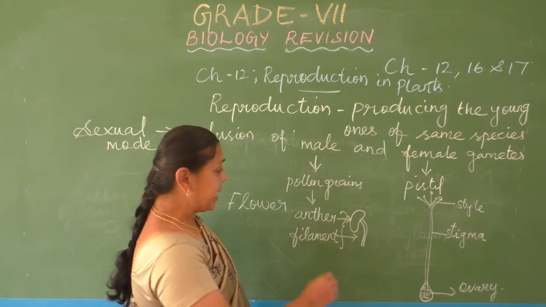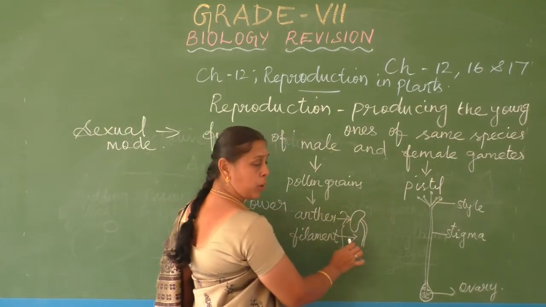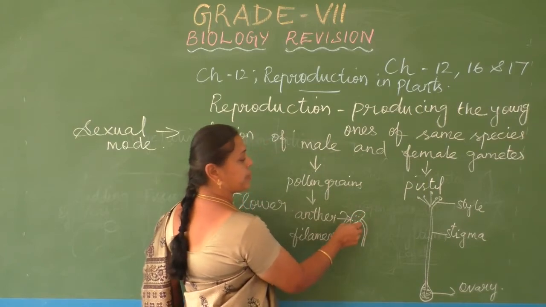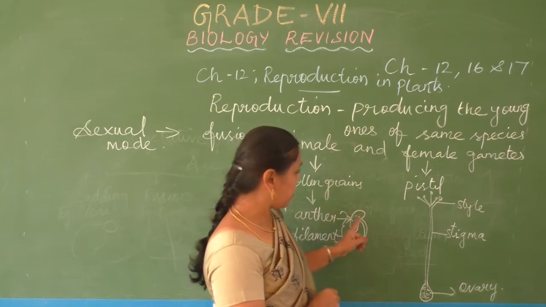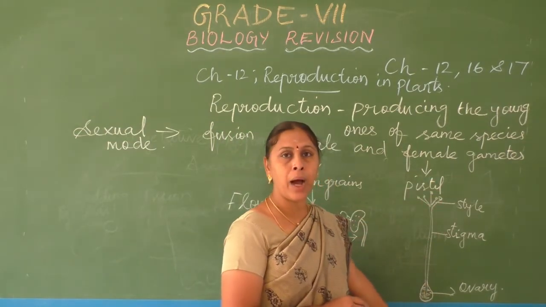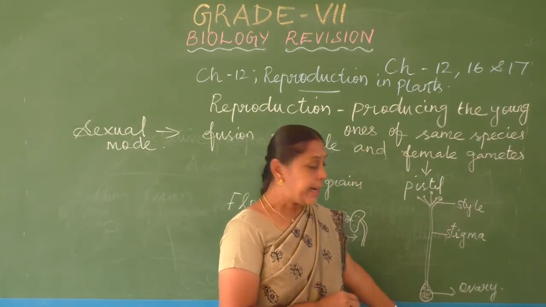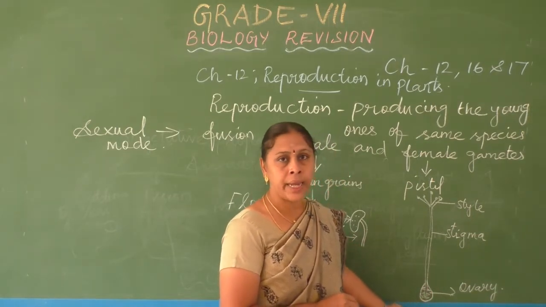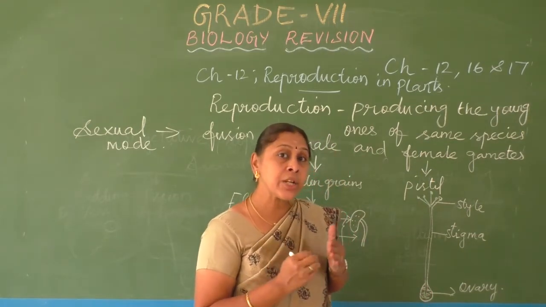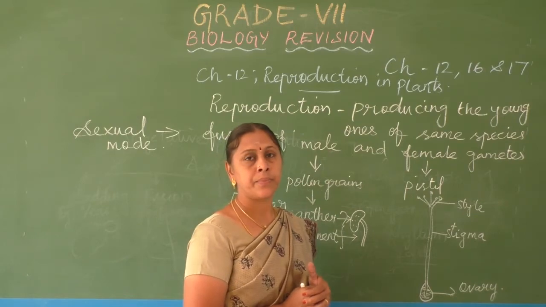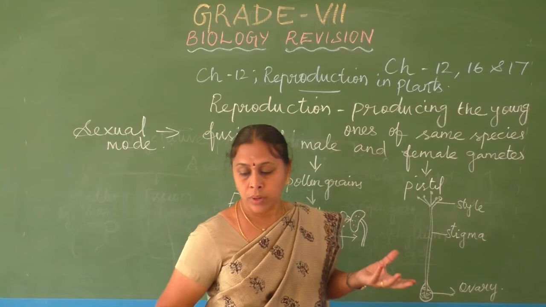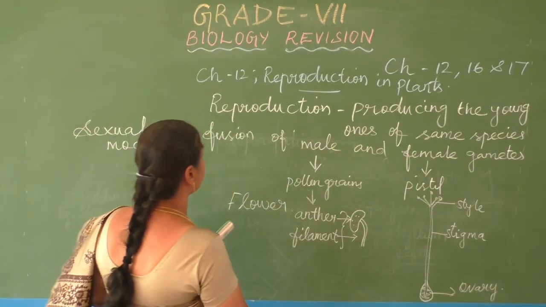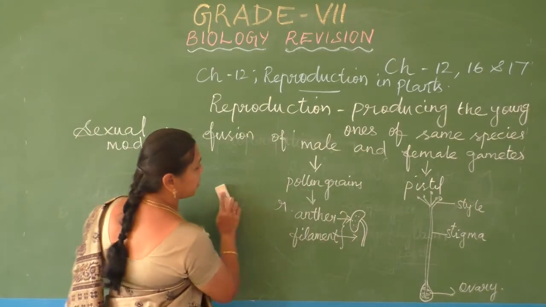Inside this anther, pollen grains will be present. And when this pollen grain falls onto the stigma, it reaches the ovary and fertilization takes place. And the new seeds will be formed, and the fruit will be formed.